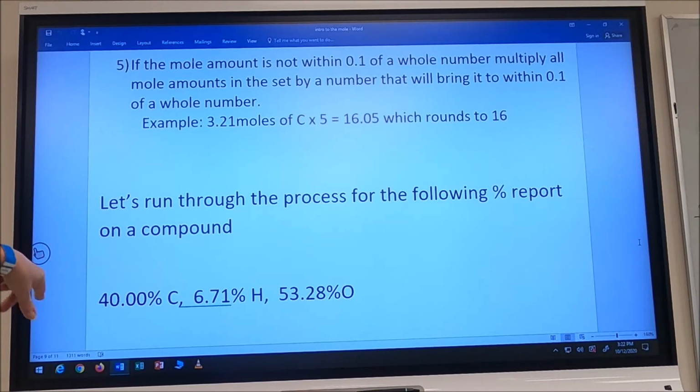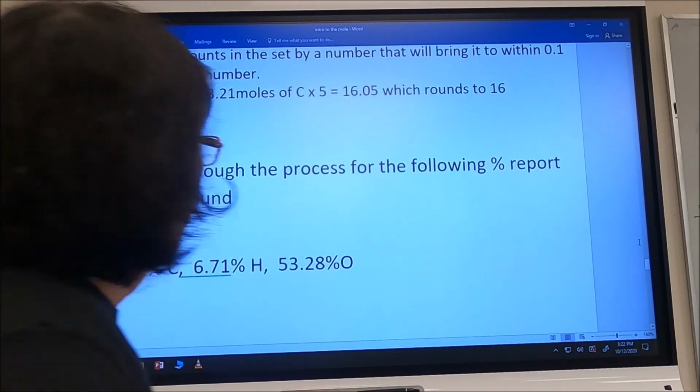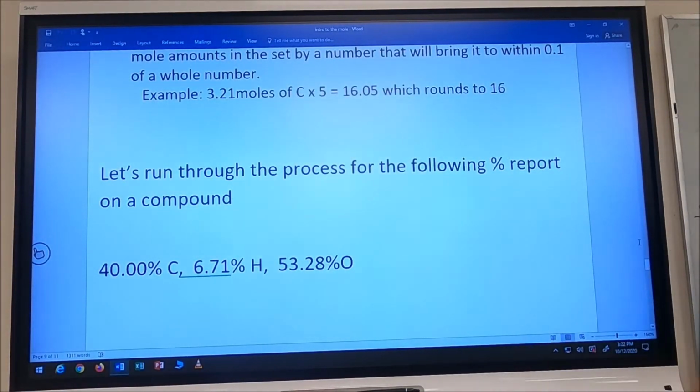So we're going to try an example here. We've got a compound, and we're told that it's 40.00% carbon and 6.71% hydrogen and 53.28% oxygen.